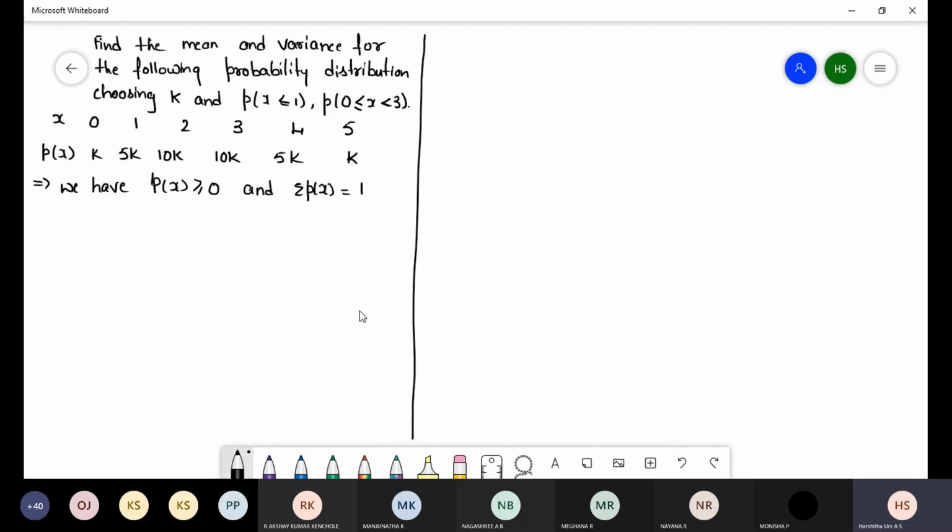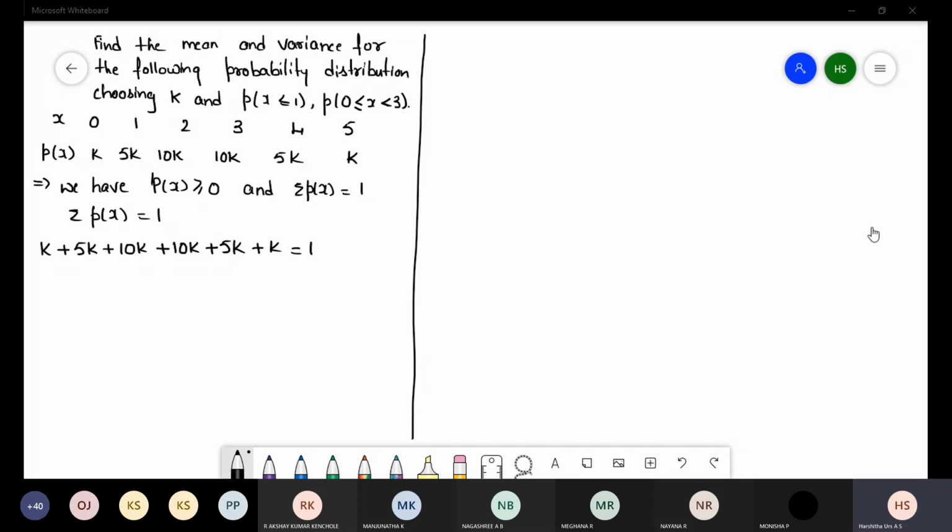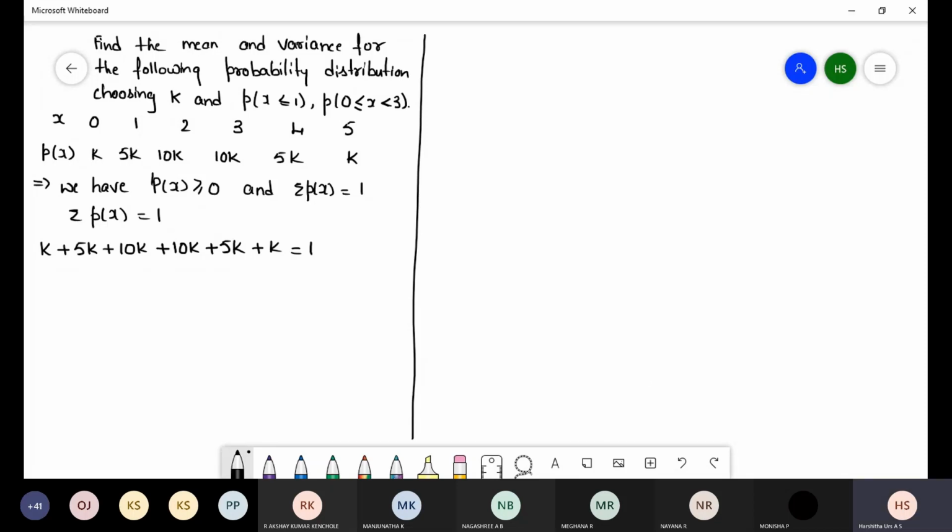So for finding k, first write the sum of P of x equal to 1. Add all the P of x: k plus 5k plus 10k plus 10k plus 5k plus k is equal to 1. Add all the terms and find the k value. 32k is equal to 1, so k is equal to 1 by 32.